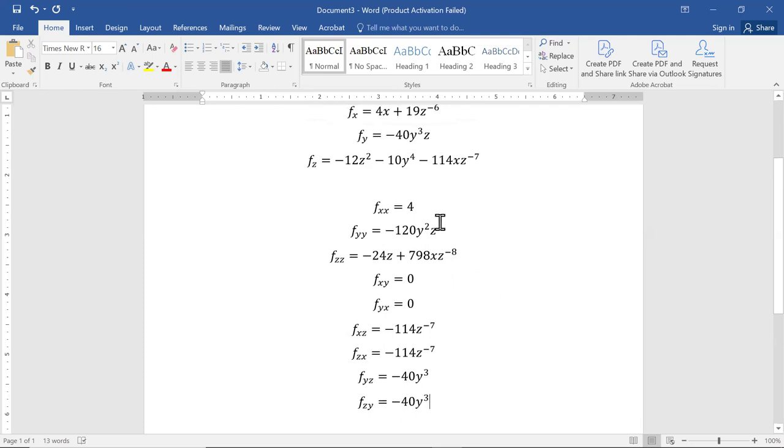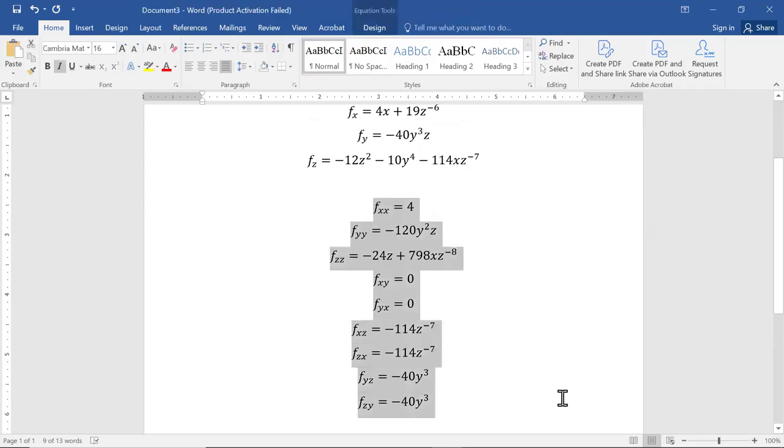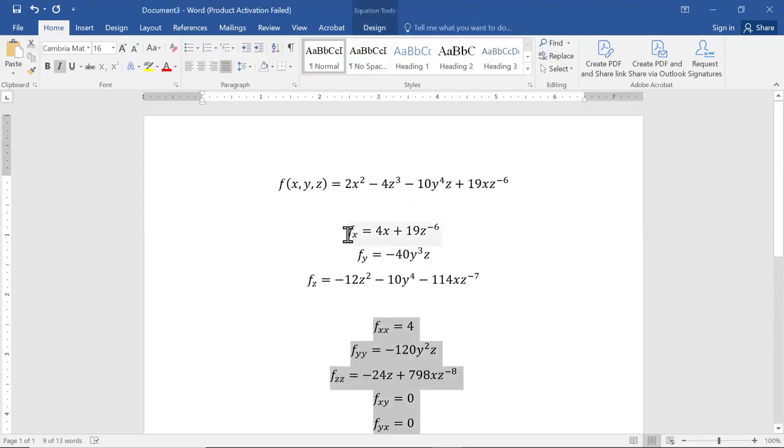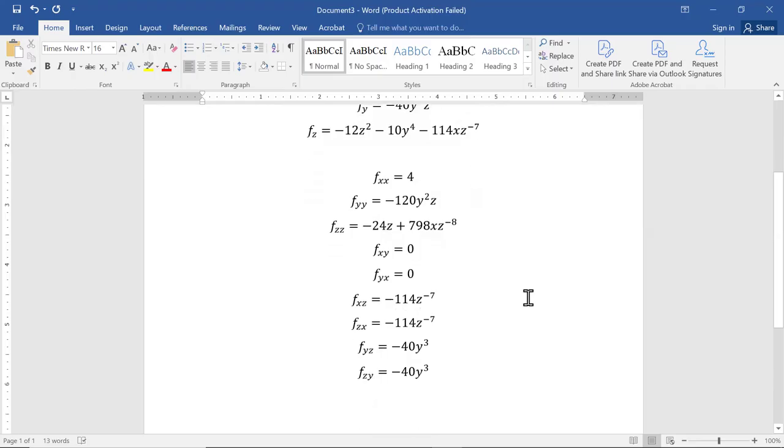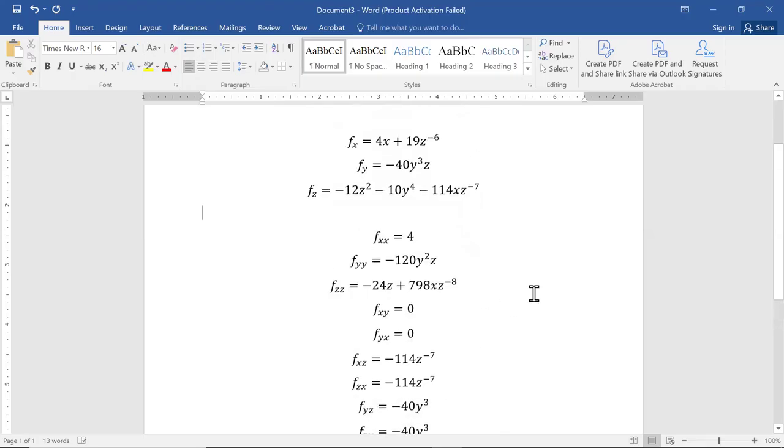There's all of the different second derivatives. Notice there's a lot of them. The 3 first derivatives, and then how many second derivatives? 9 different second derivatives. 3 first derivatives, 9 second derivatives.